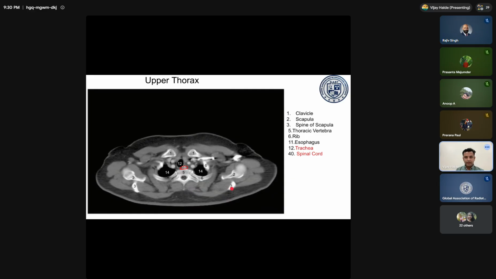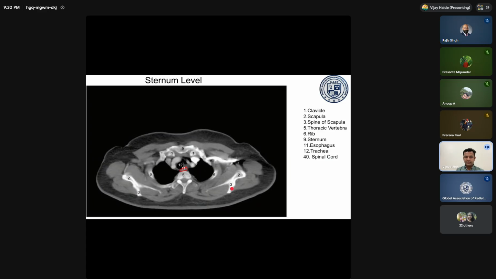Moving inferiorly. This CT slice demonstrates the sternum, trachea, esophagus, and thoracic vertebrae. This is the lung, all the black area, the black air cavity. So we should confirm the surface anatomy with the internal anatomy at this area during breast treatment or mediastinal treatment.